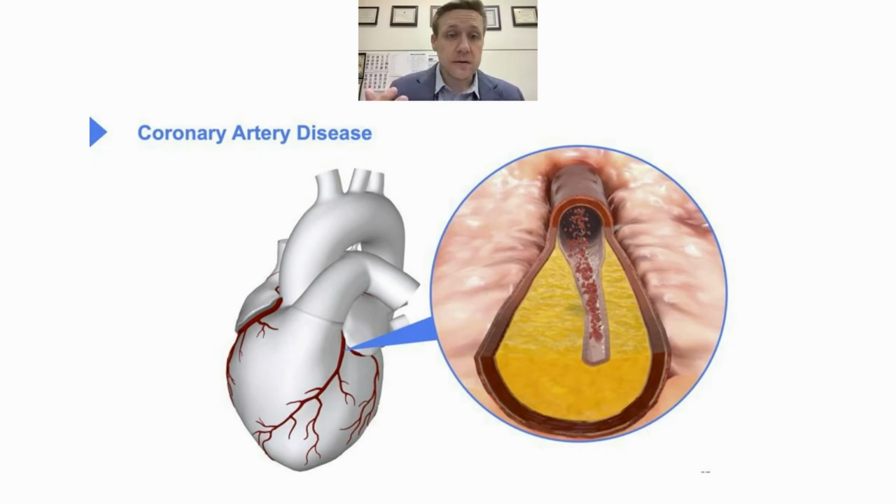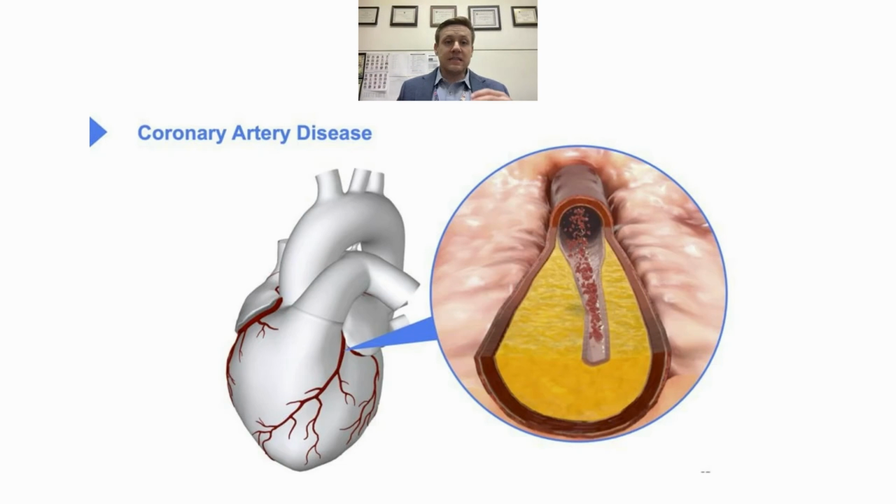And then even worse, the thing we really worry about, probably at the top of our differential with chest pain, is say a piece of this plaque breaks off. That's going to be even worse, because now very acutely that can cause the blood in here to clot or form a thrombus. And then instead of having limited supply, you suddenly have no supply to a given region of the heart.